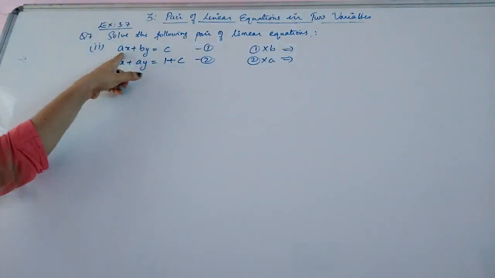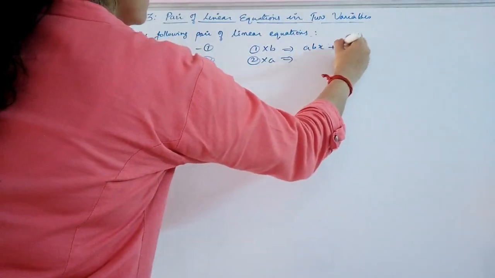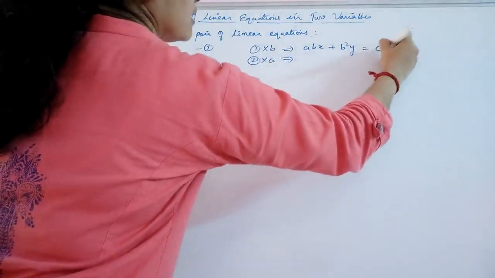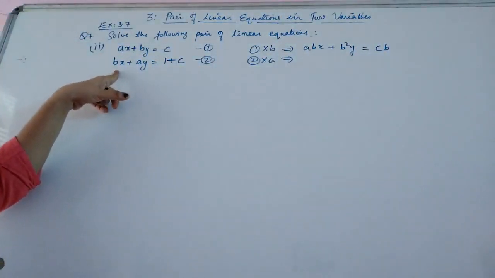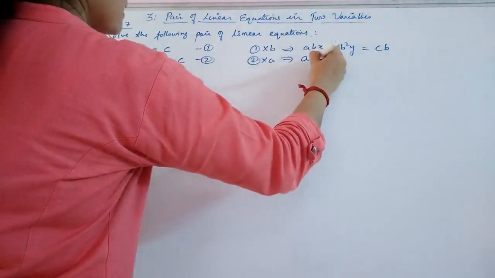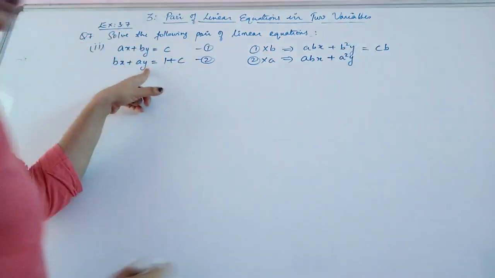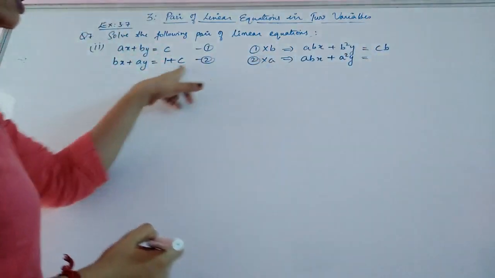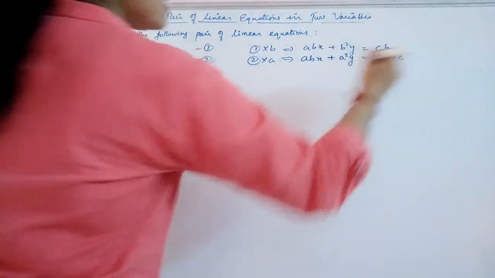so that I get the first equation transformed as abx plus b square y is equal to cb, and equation number 2 into a will give you abx plus a square y is equal to a into (1 plus c), which is a plus ac.